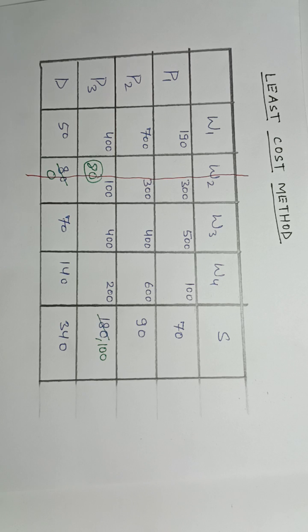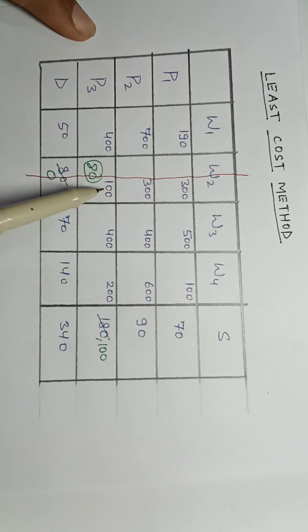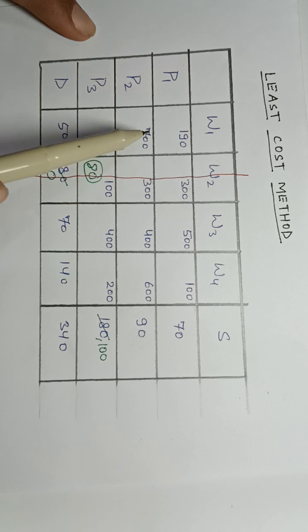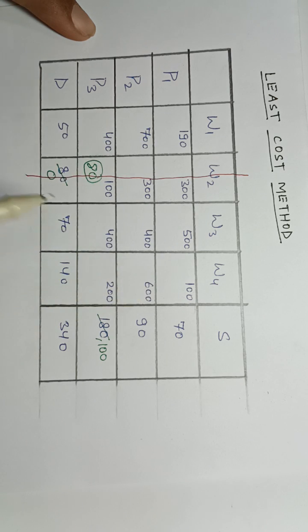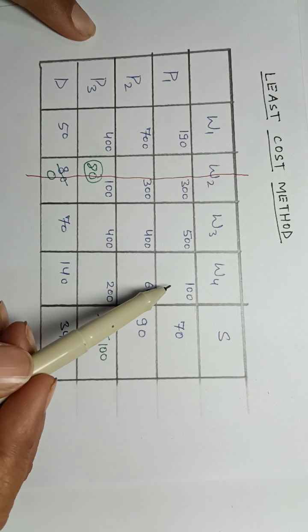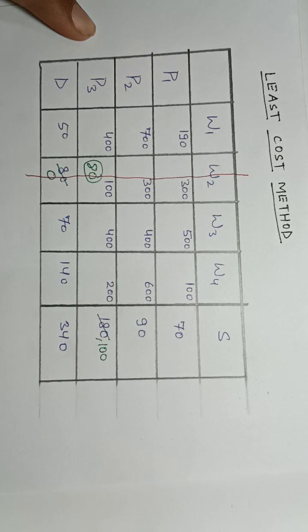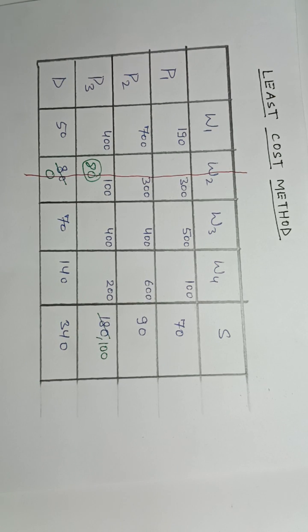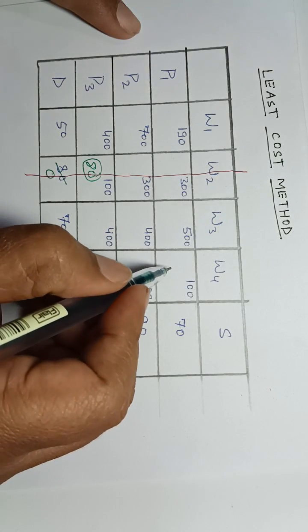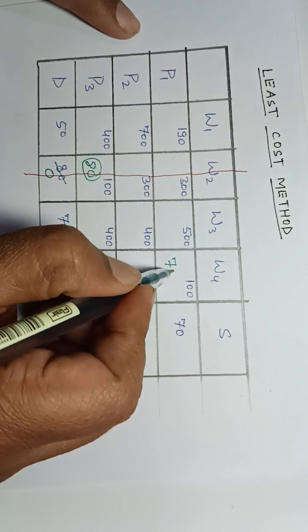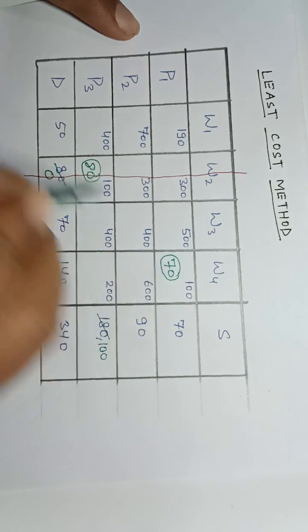Again, we will select the least cost from the remaining cells. We will not consider this column W2. We will consider the W1, W3 and W4 columns to find the least cost. Again the least cost is this one, 100. We can accommodate a maximum of 70 units here, so I will write 70.